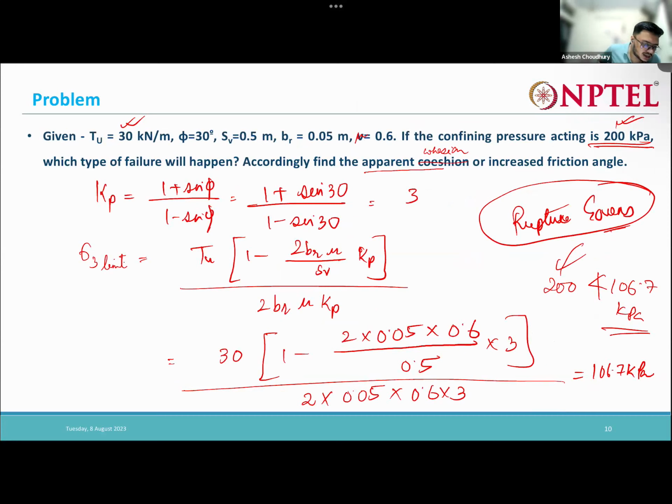If you see slide number 17 and slide number 18 of lecture 5, it is clearly mentioned that for low strength reinforcement at high confining pressure, we have rupture. So here the confining pressure is high, so we are having rupture.